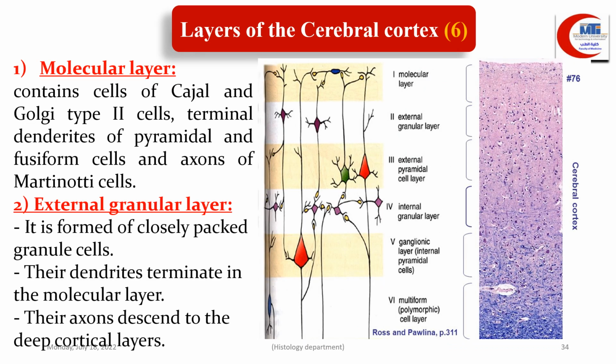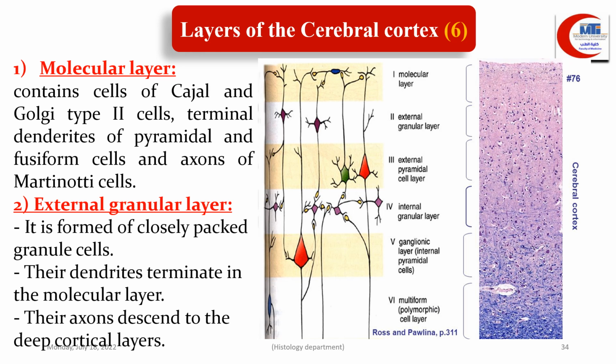As regards the layers of the cerebral cortex, we can know today that the cerebral cortex is formed of 6 layers. What about the names of these layers? You will arrange them from 1 to 6 as follows. The first one is called molecular layer. Second one is called external granular layer. Third one is called external pyramidal cell layer.